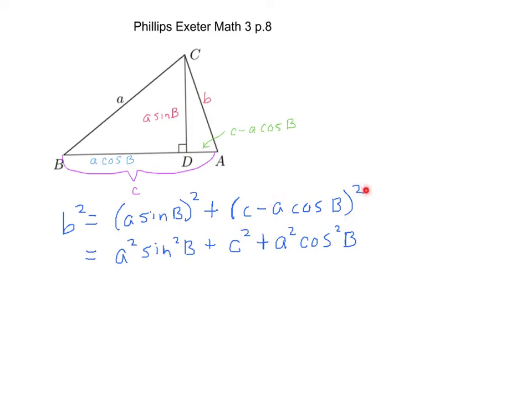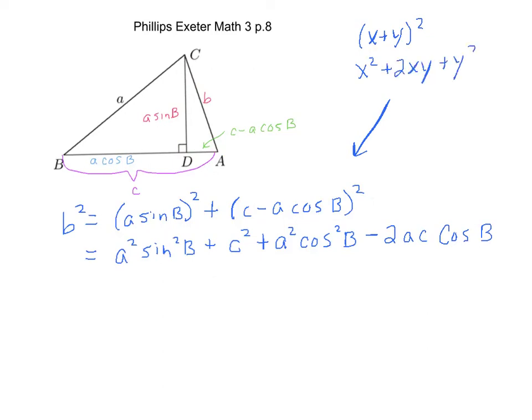You have to multiply these together and double it. So that would be minus 2AC cosine B. And again, that's from the idea that if you have x plus y quantity squared, that's x squared plus 2xy plus y squared.